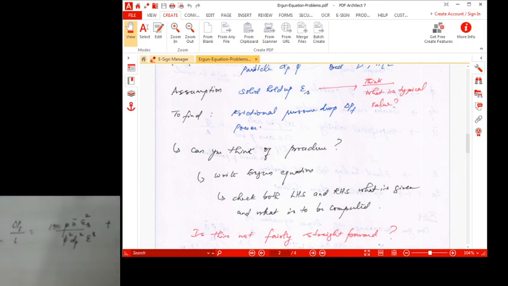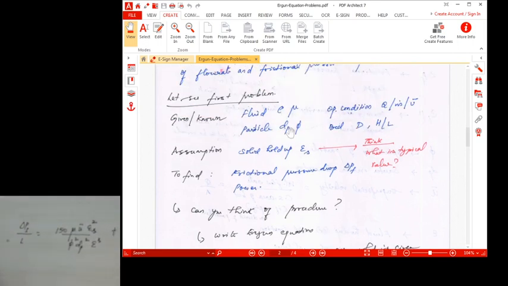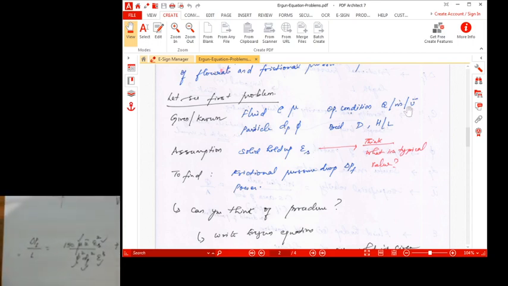Now if you see this type 1 as shown here, you are already given the fluid properties, so the fluid properties are known. You are given the particle dimension, so that means sphericity and particle diameter are known. The solid hold up or the voidage fraction is assumed, so that is also known. You are also given the operating conditions.